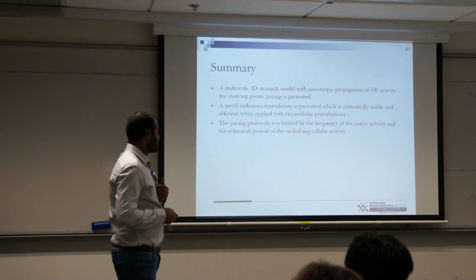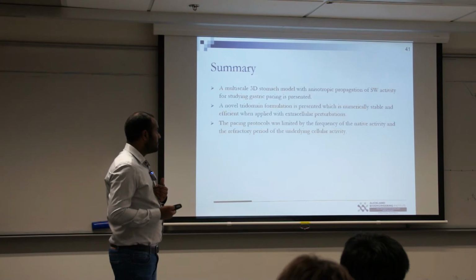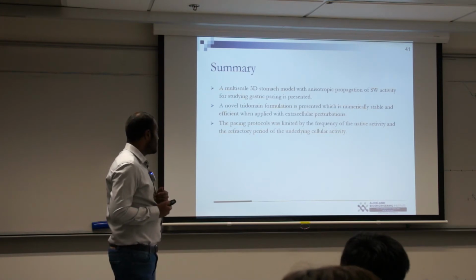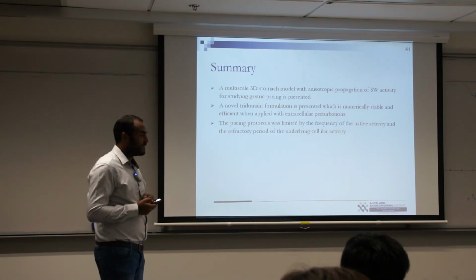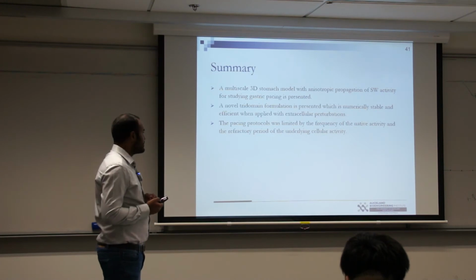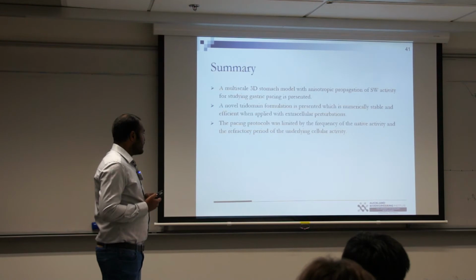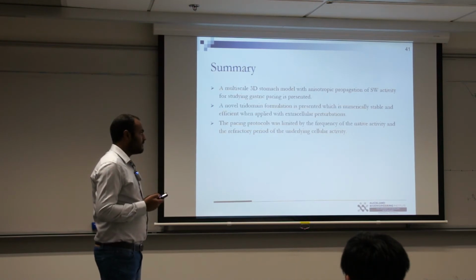So over here we developed a 3D stomach model with anisotropic propagation for studying gastric pacing. A novel tri-domain formulation is presented, which is numerically stable and efficient, and when applied with extracellular perturbations, the pacing protocol, we found that the pacing protocol was limited by the frequency of the native activity and also the refractory period of the underlying cellular activity.